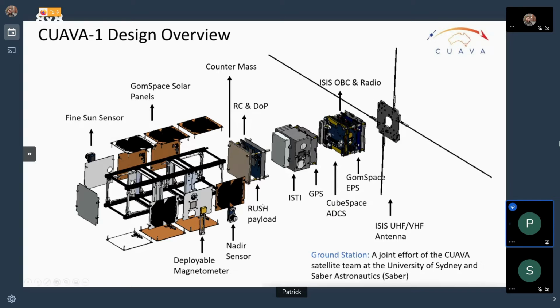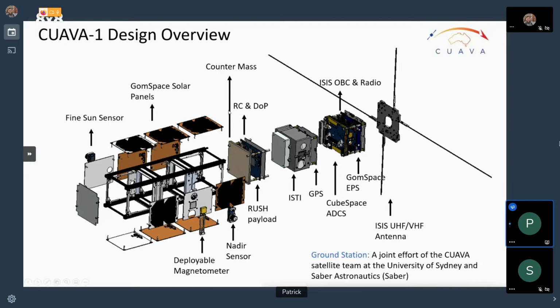And then we have the Rush payload. I don't necessarily know what they do. And we have the radiation counter and data over power over data bus experiment. That's really nice and thrifty, using very low power connection to run this experiment.